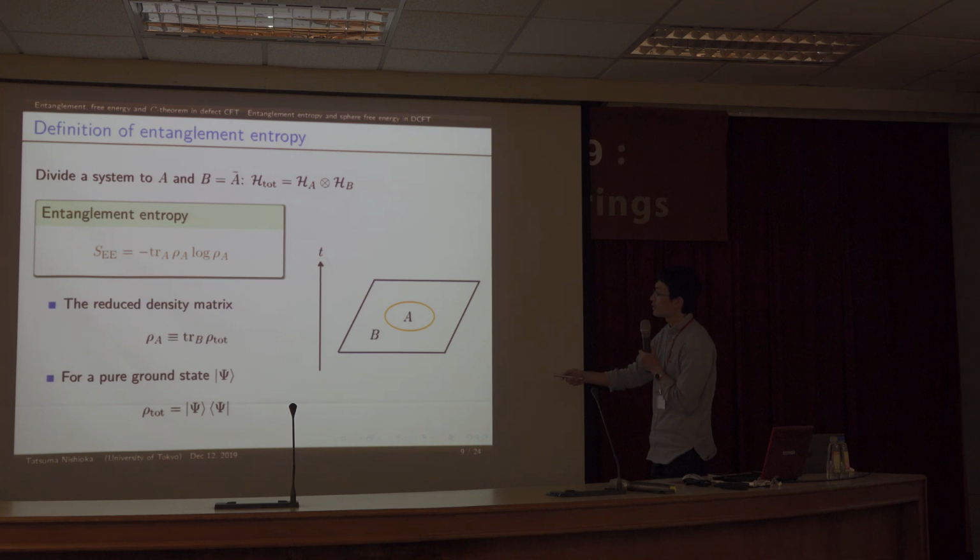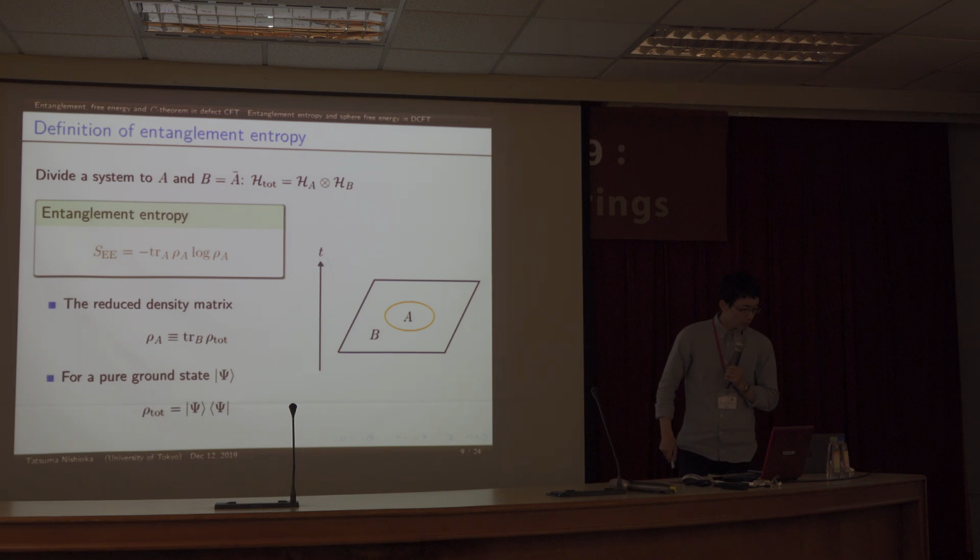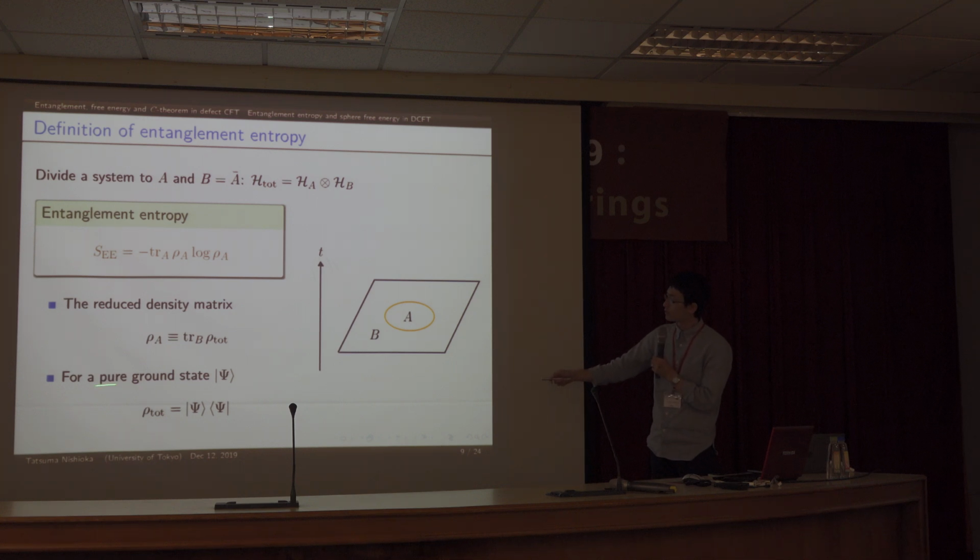This reduced density matrix is defined by taking the partial trace of the total density matrix, so you integrate out the information outside the region A. And I'm going to focus on just a pure ground state.